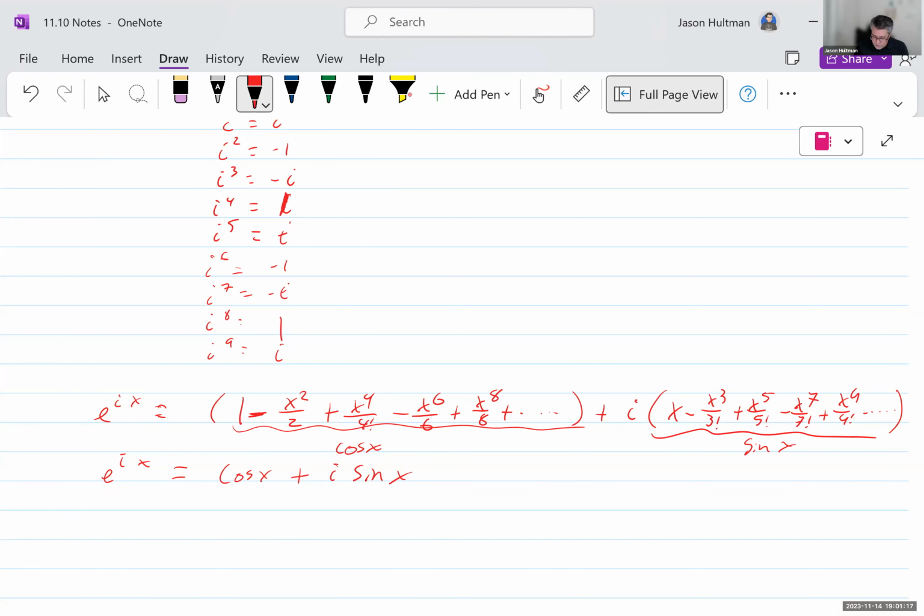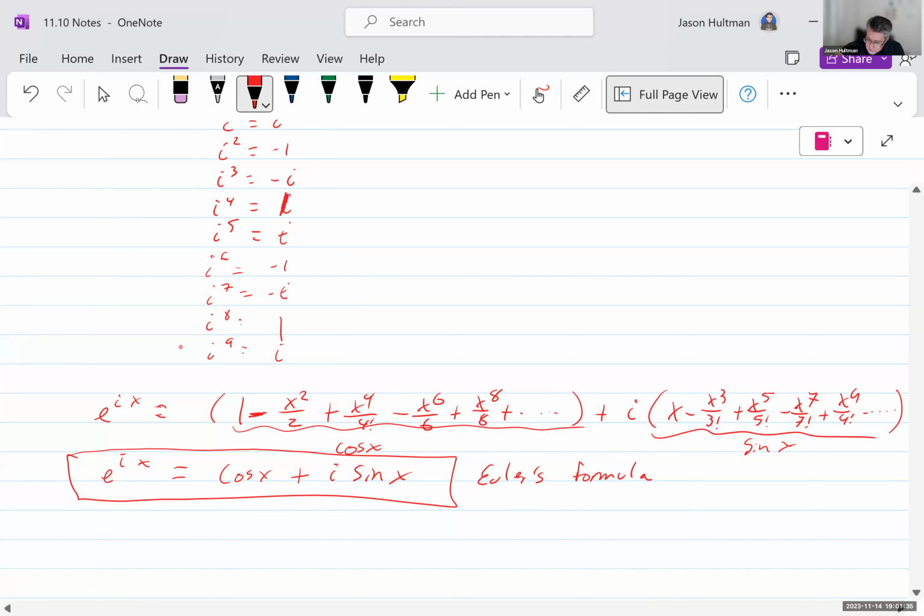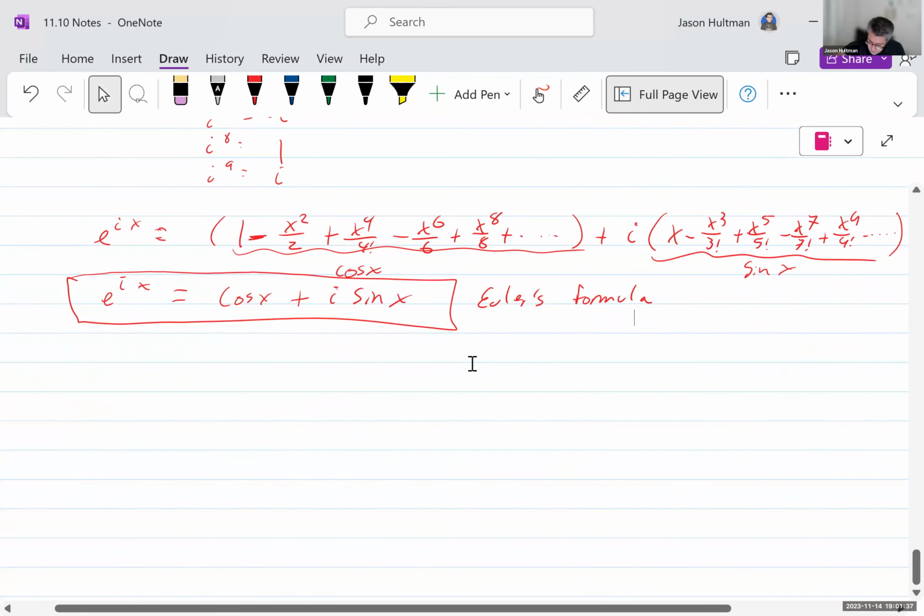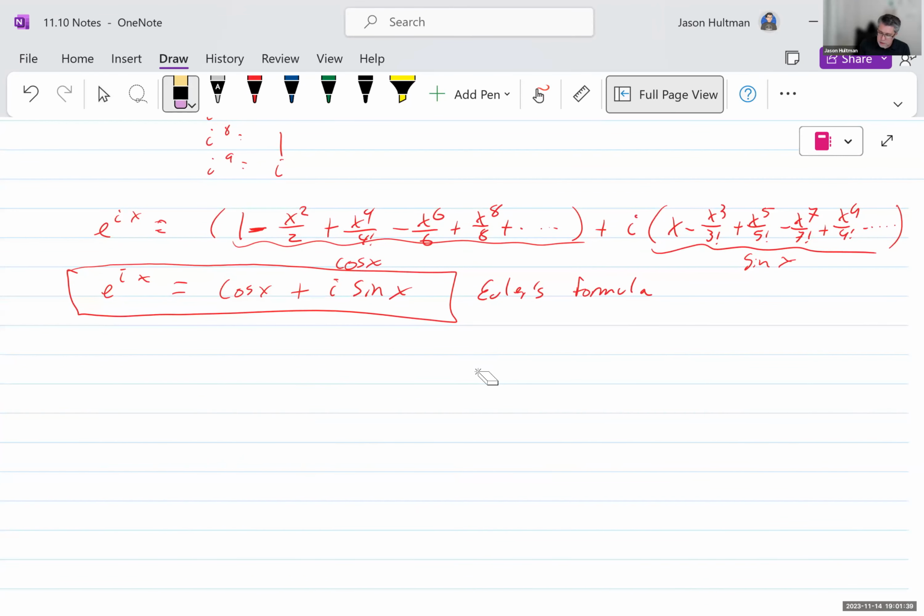And this is a very famous formula called Euler's formula, from which we can also derive de Moivre's formula that you might have seen in trigonometry. It's e to the ix equals cosine x plus i sine x.